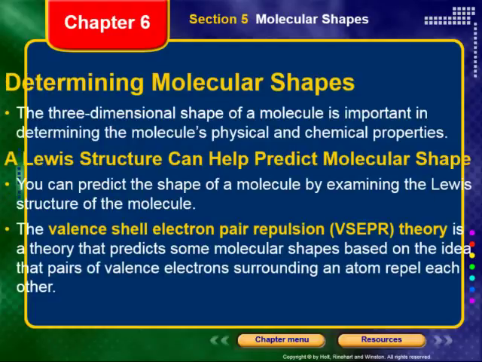So, determining molecular shapes. The three-dimensional shape of a molecule is important in determining the molecule's physical and chemical properties. If you remember last year from biology, you learned about something called an enzyme. It's a protein that is shaped in a particular way in three-dimensional space. That peptide chain is bent in very specific ways. Now, if you change the shape of that enzyme, it no longer works.